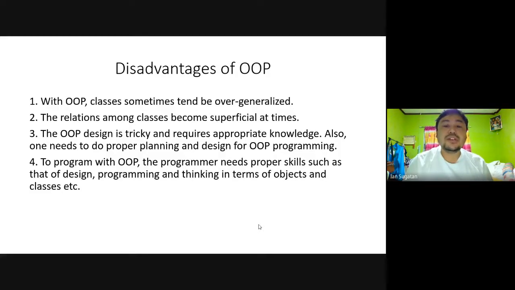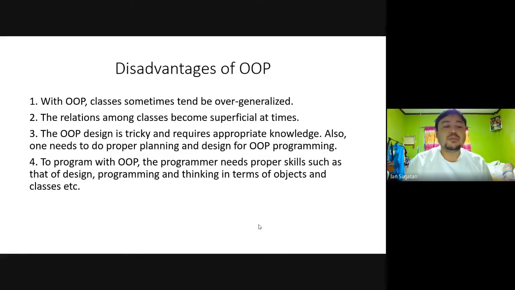Those are the things that will guide you. And of course, you will study them in your SAD. What is SAD? Systems analysis and design. So you have a subject on systems analysis and design, guys. More of that will be discussed in that subject.